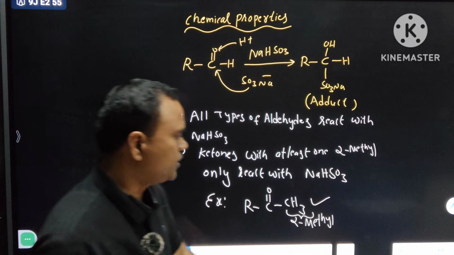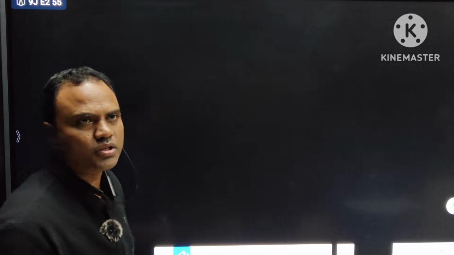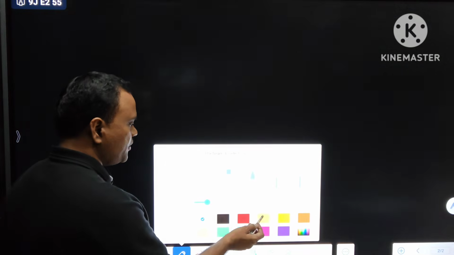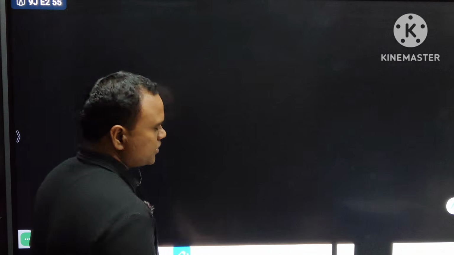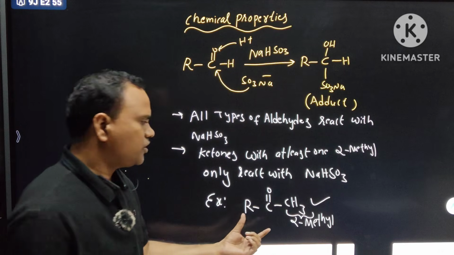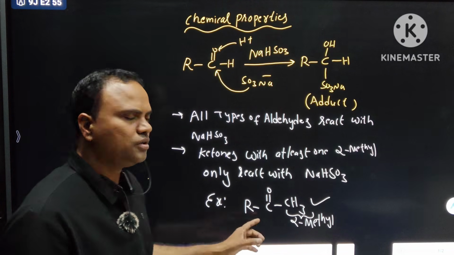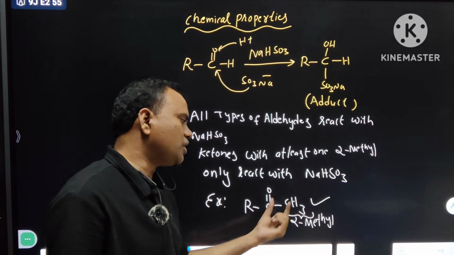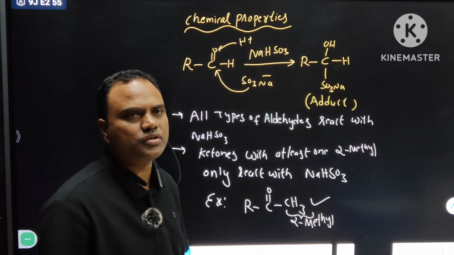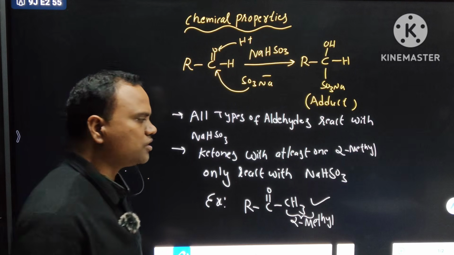Clear? Right. And here also one exceptional case is there. Even though acetophenone is having alpha methyl, it does not react. One exception. Ketones with alpha methyl react with NaHSO3, but acetophenone, even though it has alpha methyl, does not react because of that bulkiness, steric crowding.